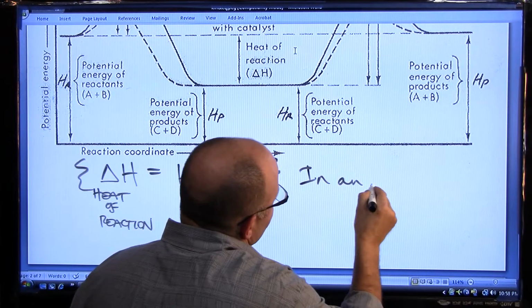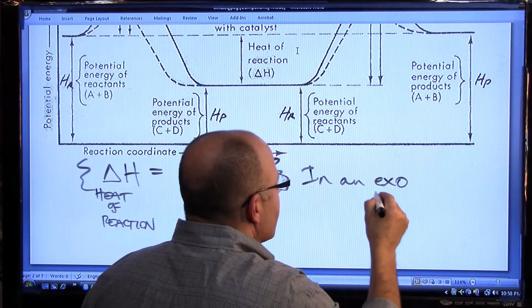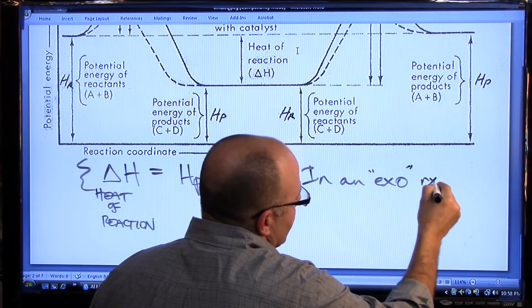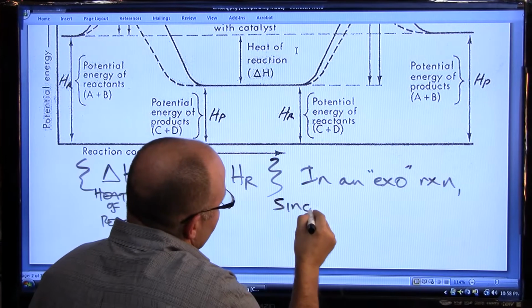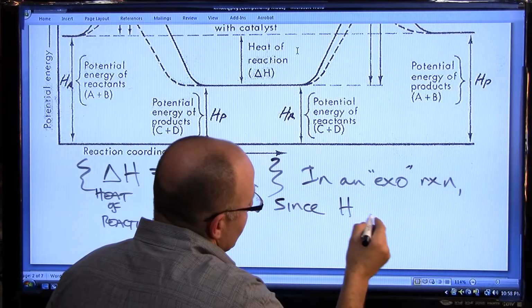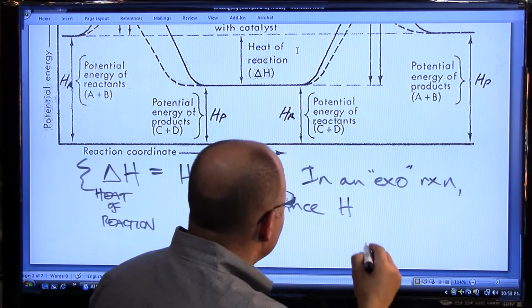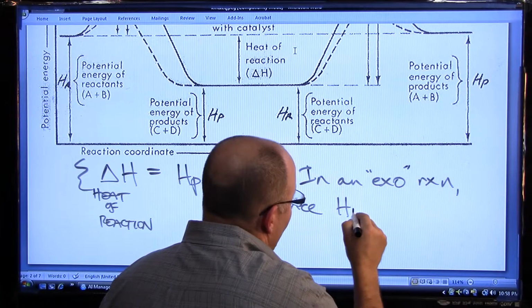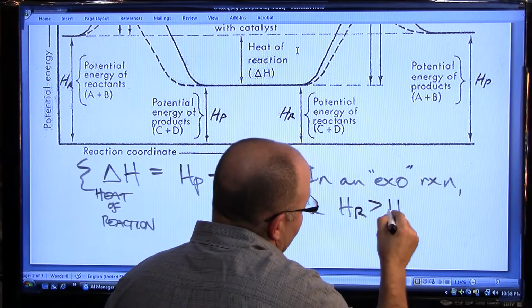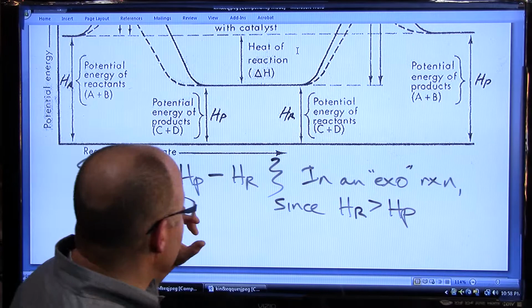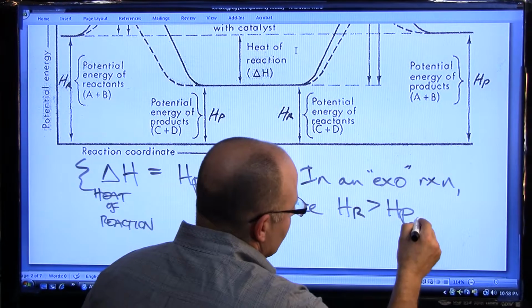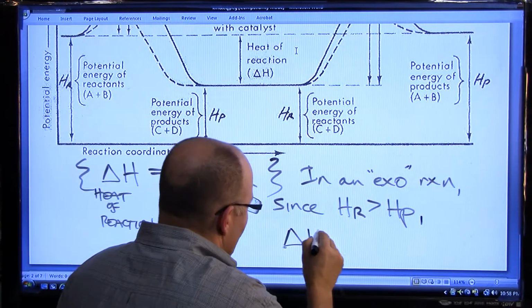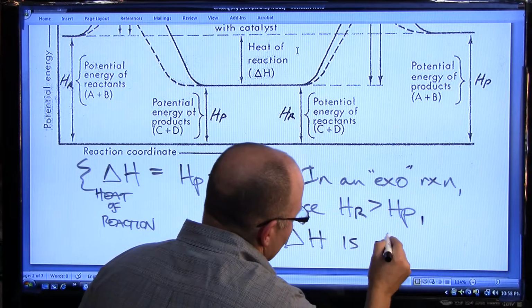In an exothermic reaction, since HR is greater than HP, since the reactants contain more energy than the products, delta H is negative.